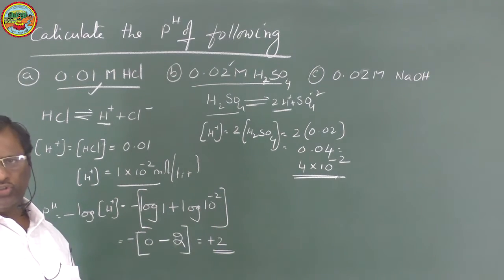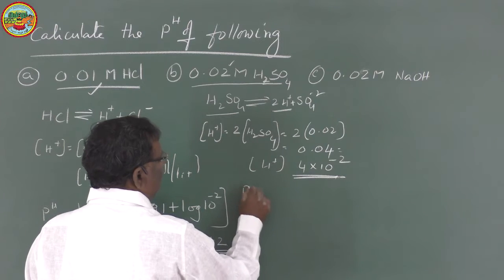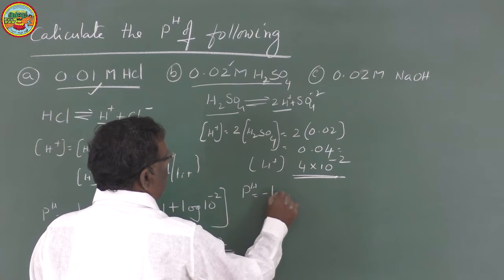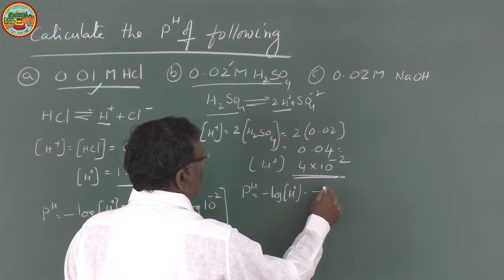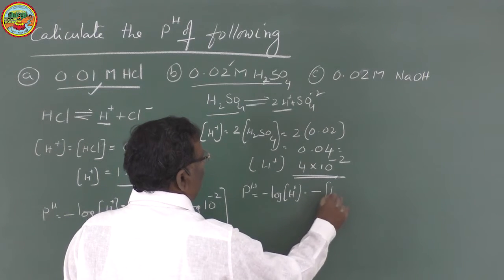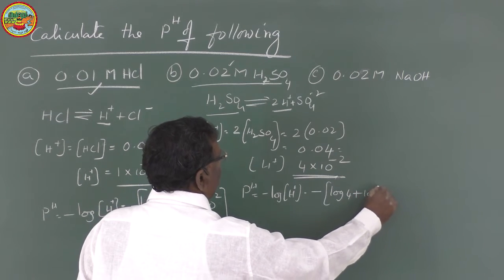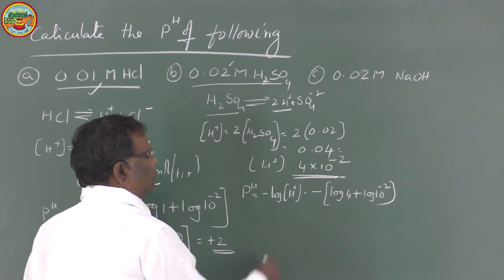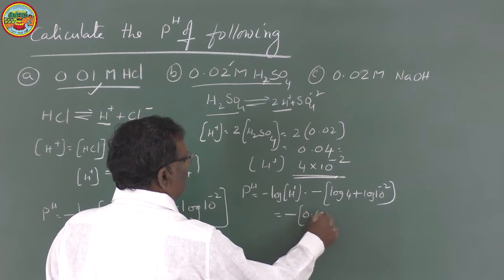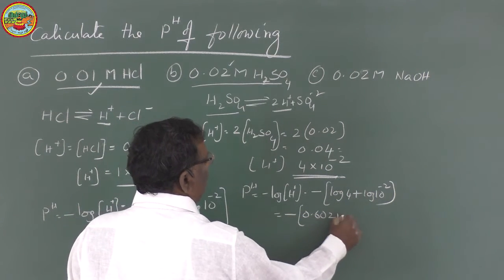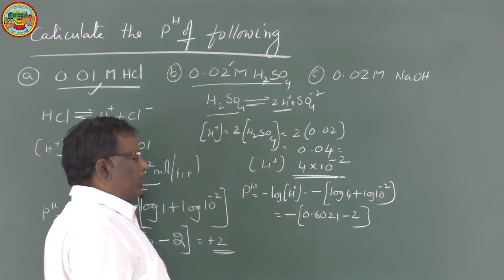Next, as usual, pH is equal to minus log concentration of H plus. This will be minus of log 4 plus log 10 to the power minus 2. So here the log 4 value is 0.6021, whereas log 10 to the power minus 2 is equal to minus 2.